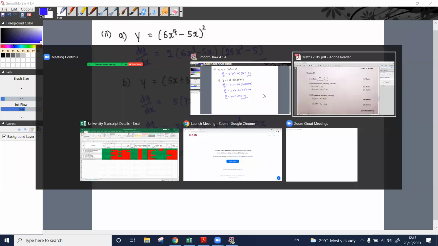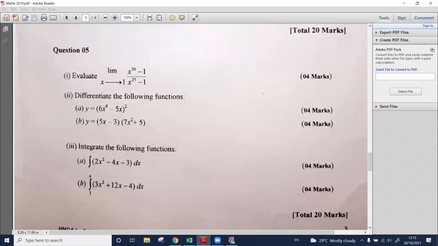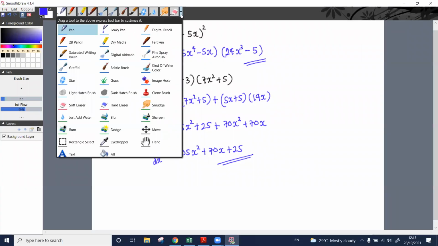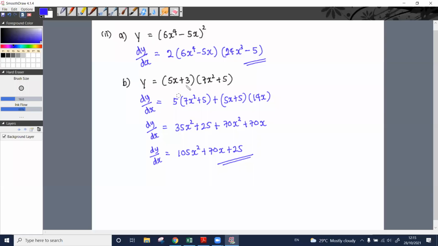Is it 5x minus 3? Yes, it is 5x minus 3. So here it is 5x not plus 3, it is 5x minus 3.